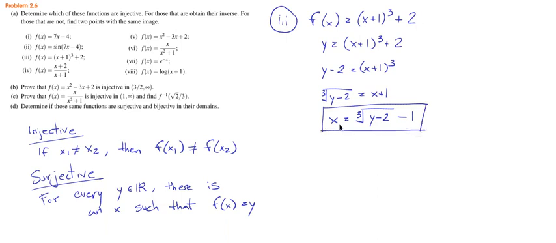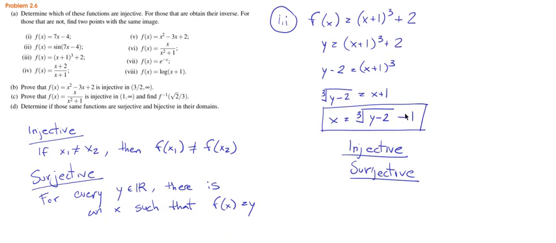So again, this expression given one value of y is unique. It will only give you one x. The cubic root is also an injective function, so this function will give you only one value of x. So this function is injective, but it's also surjective, because it doesn't matter which value of y you plug in here, you will always have a solution for this equation.